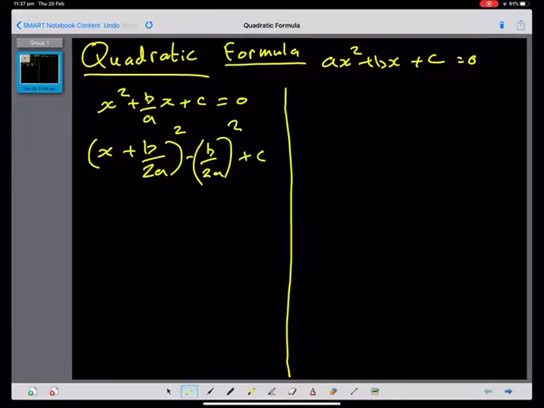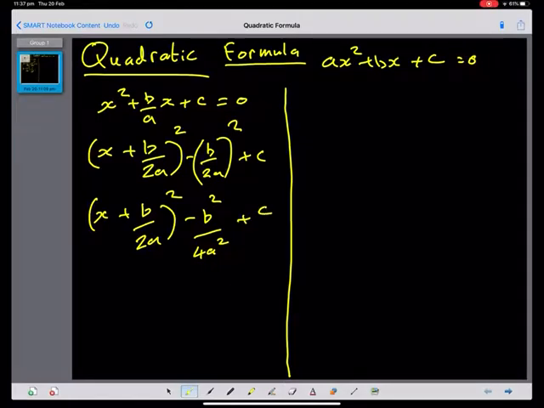Let's do some algebra then. So we get x plus b all over 2a, squared, minus b squared over 4a squared plus c, should be over a. Okay, there should be an a here.